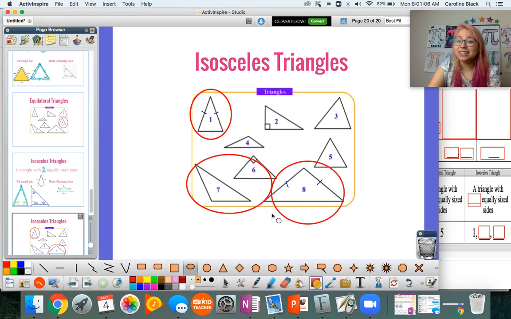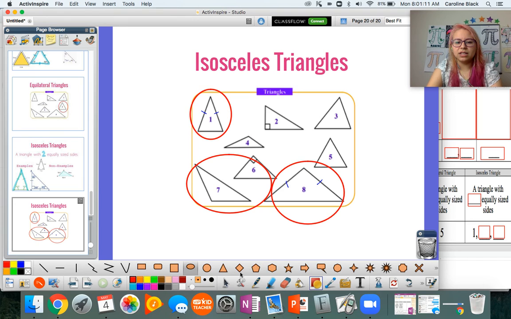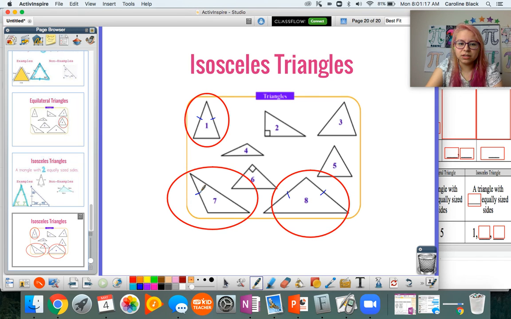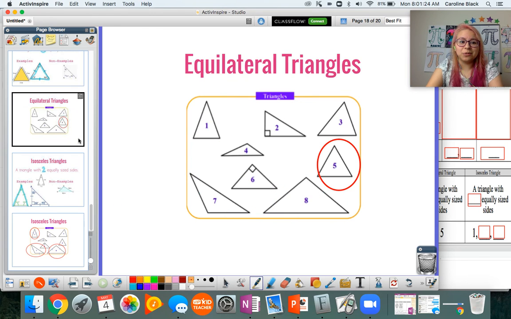We saw earlier that number 7 was not a scalene triangle, meaning that some of the sides were equal, and it measured out. These 2 are equal. And actually, if you want to go back for the equilateral triangle, we should put these tick marks because all 3 of those sides are equal. So there you have it. That is how we classify triangles.